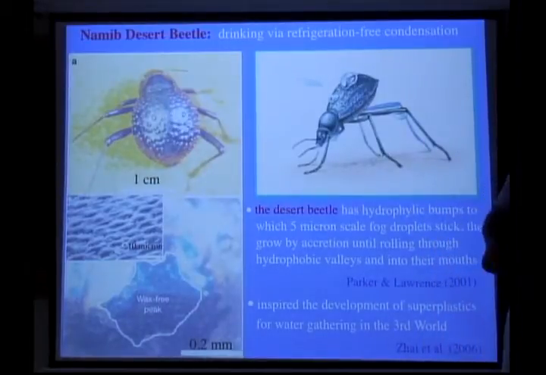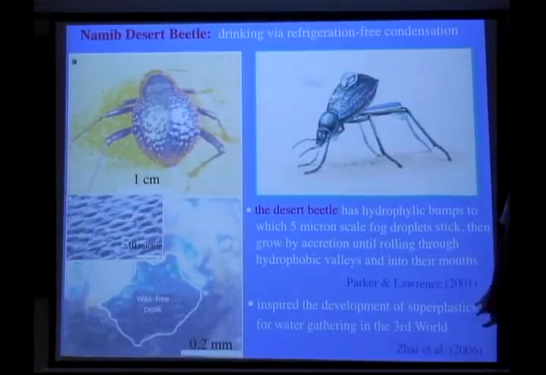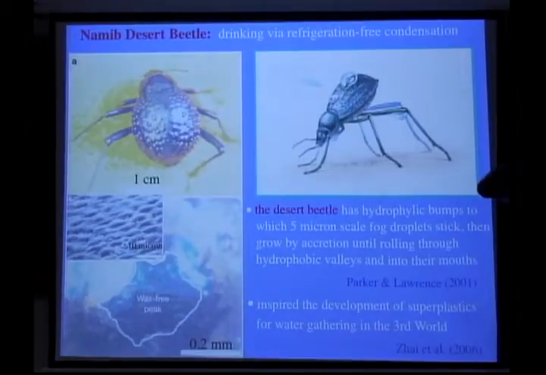Then they're blown into the hydrophobic valleys and consumed by the creatures. And this has been used, the development of these so-called superplastics, for water gathering in the third world. So they have sheets of this stuff. They put it out in the morning, and they collect water.